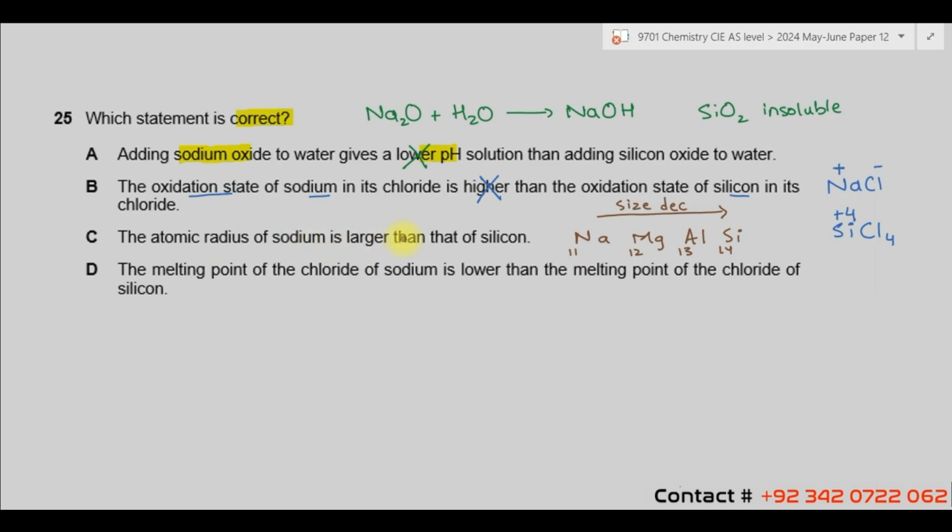So the atomic radius of sodium is larger as compared to silicon, which is smaller. Part D, the melting point of the chloride of sodium is lower than the melting point of the chloride of silicon. Sodium chloride is a giant ionic compound. There are stronger electrostatic forces of attraction, so its melting point is higher. On the other side, we have silicon chloride SiCl4, which is actually a covalently bonded simple molecular structure.